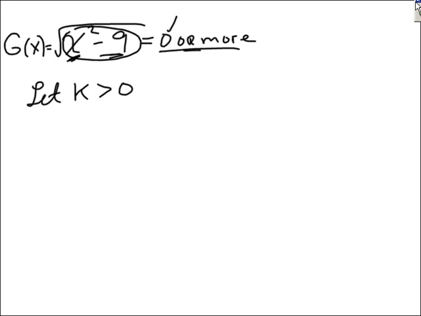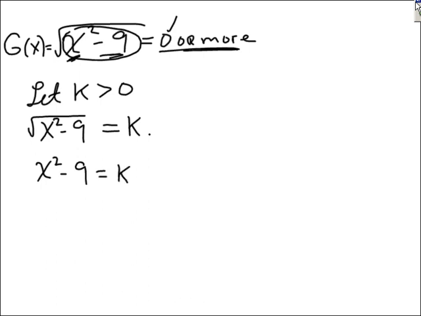So can we get any number more? Well, let's see. Can the square root of x squared minus 9 equal any number k? Well, let's solve this for x. Let's square both sides. So x squared minus 9 would have to be k squared. After all, the square root of k squared is k.